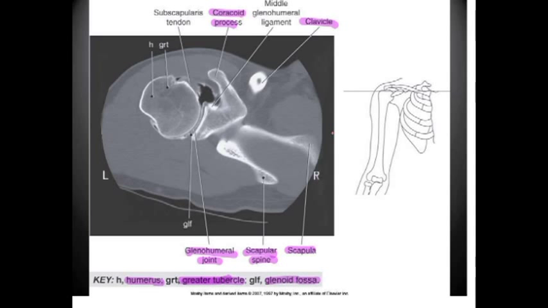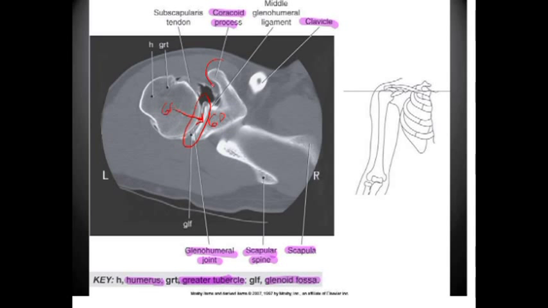So that brings us to what does it look like in terms of CT. Here we can see that we have the glenohumeral joint. The glenoid fossa will be defined as this area where the arrow is pointing, and the glenoid process is this area.